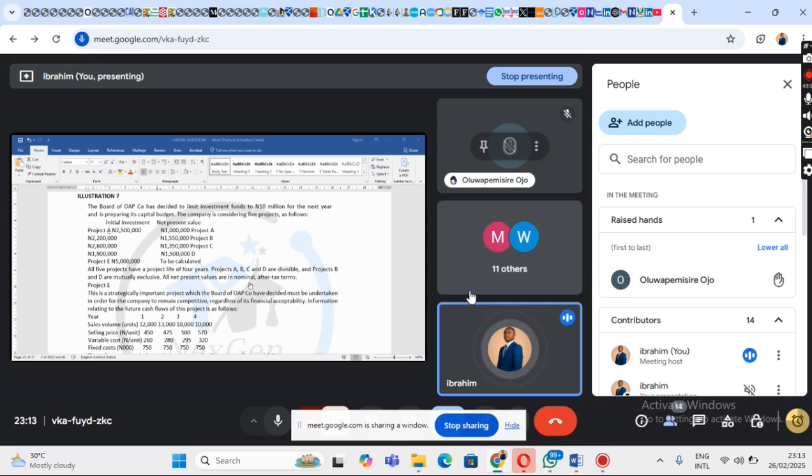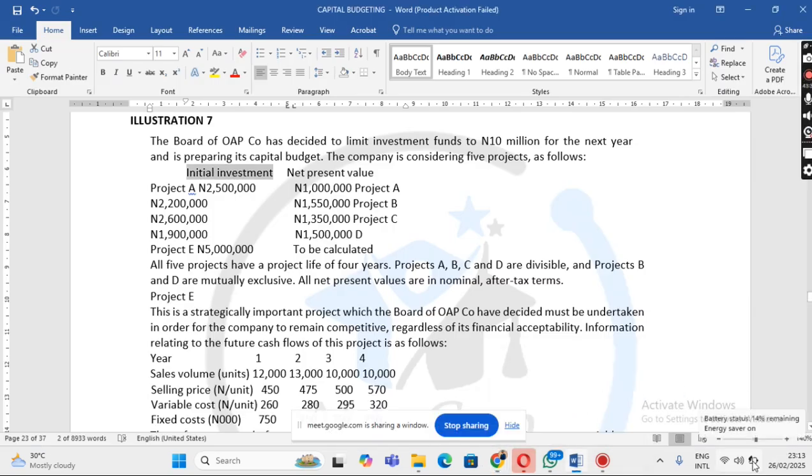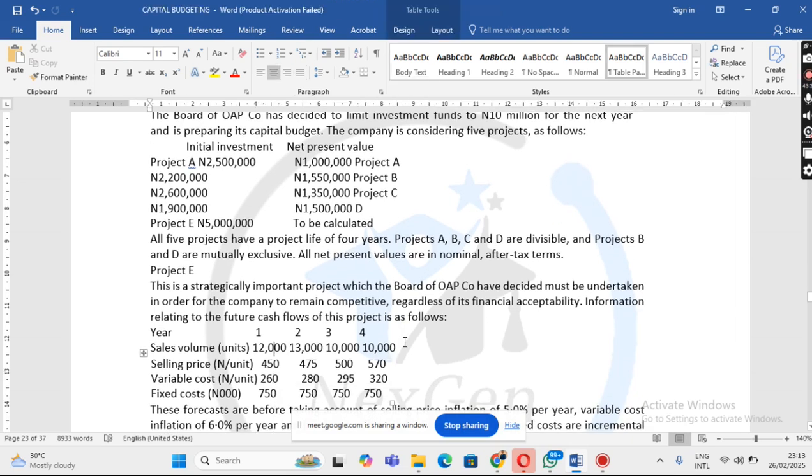Thank you. Oluwapemisire, are we good? I'm going to check and get back to you, because I don't know why you attach initial outlay to project E. That is my argument. This is it.